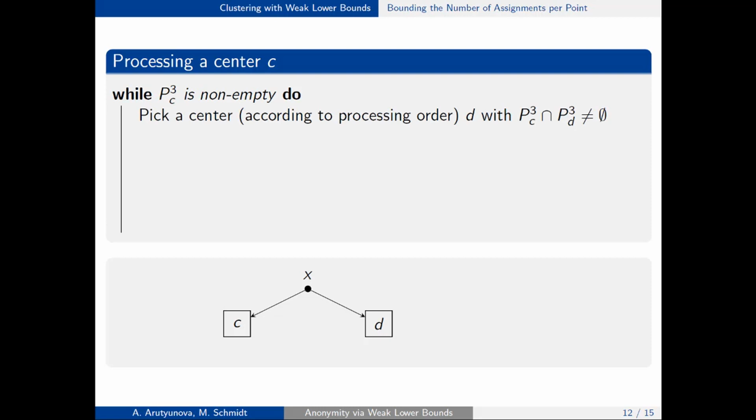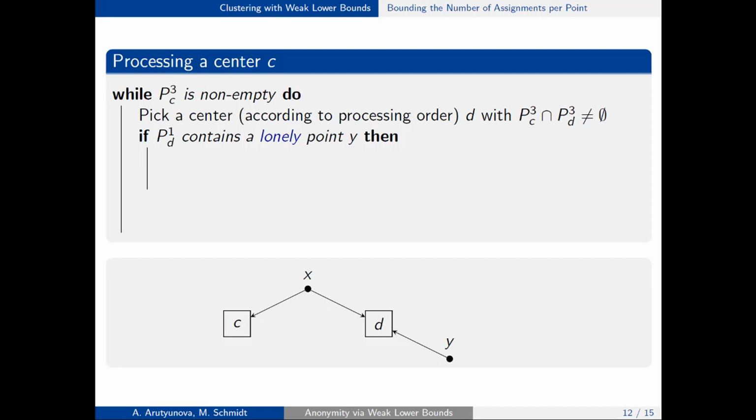We pick a center D which shares one of its points with C, meaning that there is a point which is connected to C and D and to at least one other center, and we pick this center D according to the processing order, meaning that among all centers which share a point from PC3 with C, we pick the one center as D which is next processed by the algorithm.